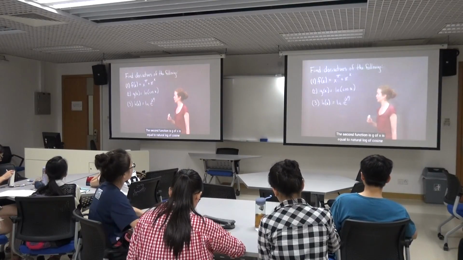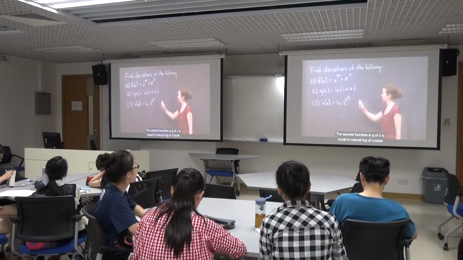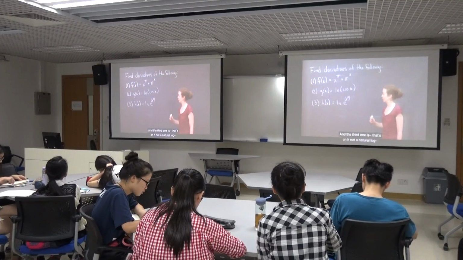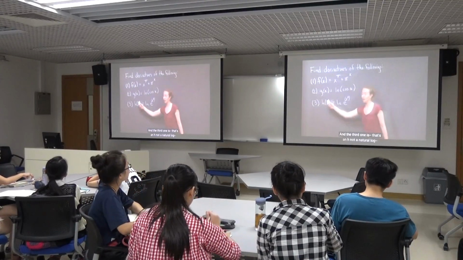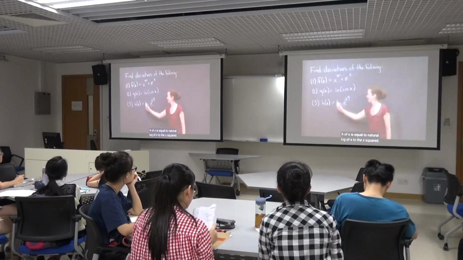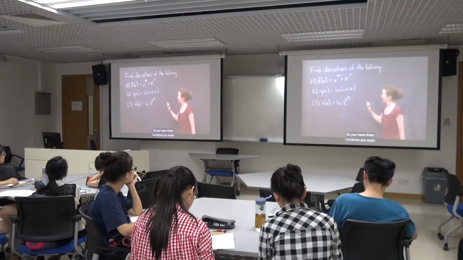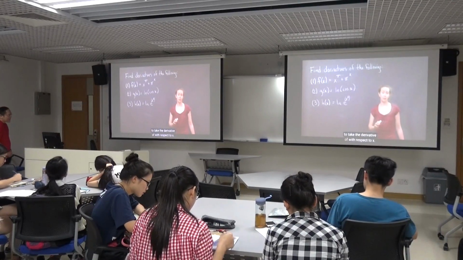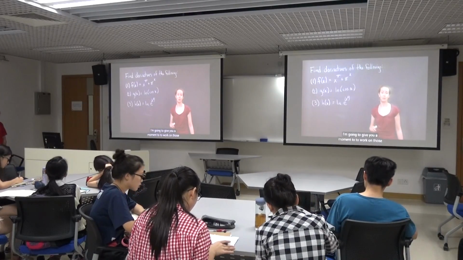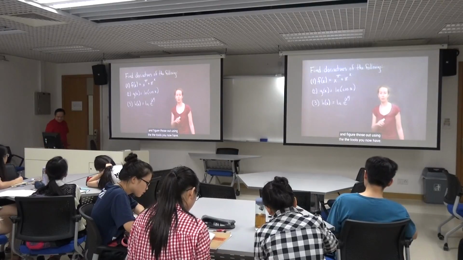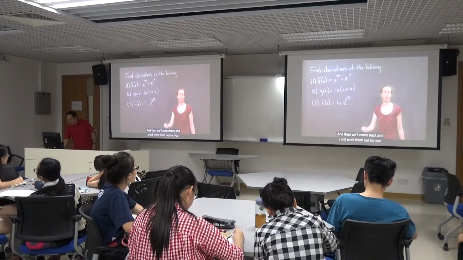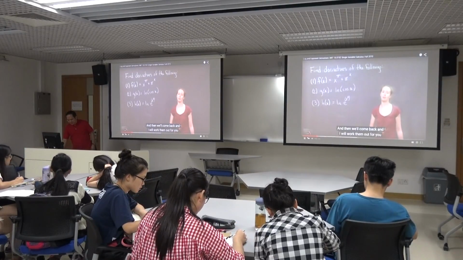The second function is g of x is equal to natural log of cosine of x. And the third one is, that's an h, not a natural log. H of x is equal to natural log of e to the x squared. So you have three functions you want to take the derivative of with respect to x. I'm going to give you a moment to work on those and figure those out using the tools you now have, and then we'll come back and I will work them out for you as well.